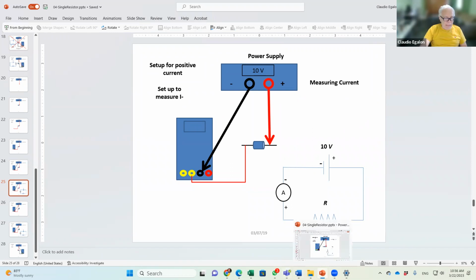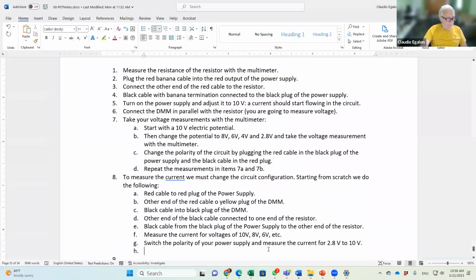So repeat. Okay, repeat. Let's see. Connect the DMM to the negative of the power supply directly, the negative polarity of the power supply.